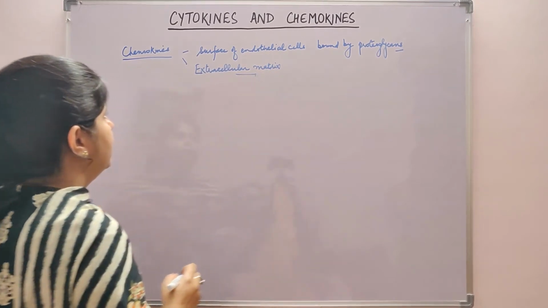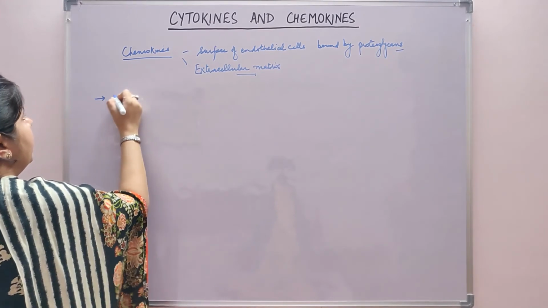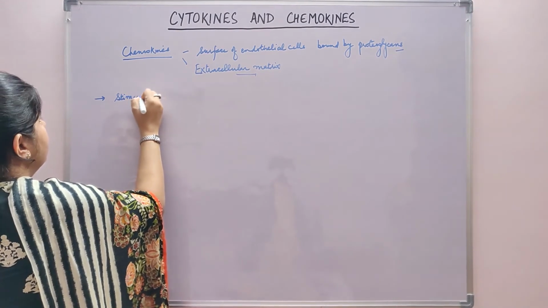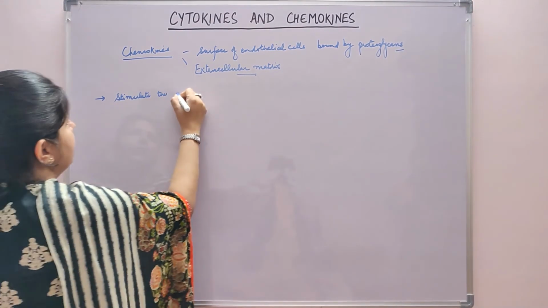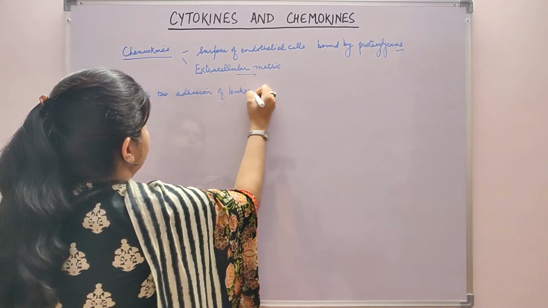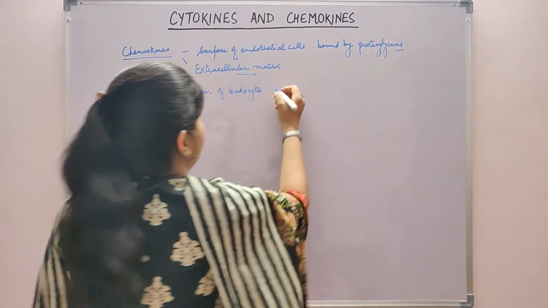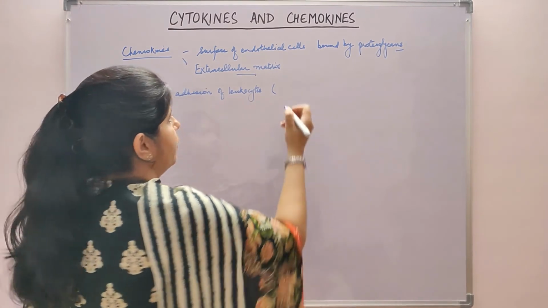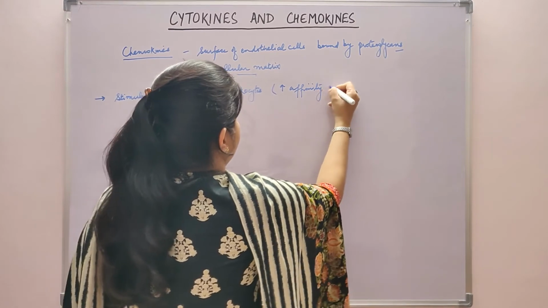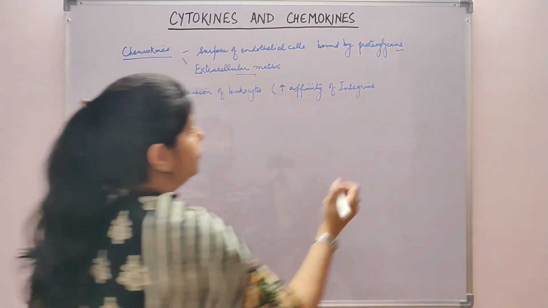So what is their role in inflammation? Chemokines enhance or stimulate the adhesion or attachment of leukocytes. How do they promote the adhesion of leukocytes? By increasing the affinity of integrins, which are present on the surface of leukocytes.